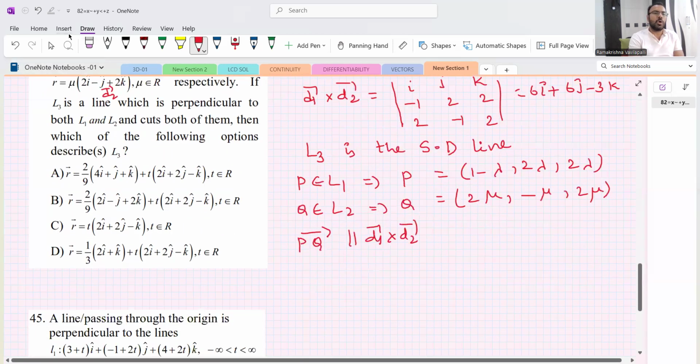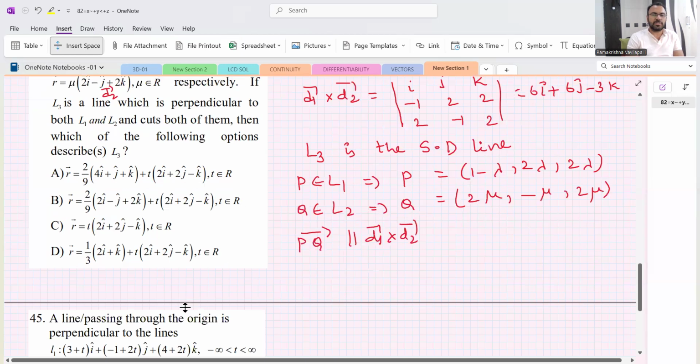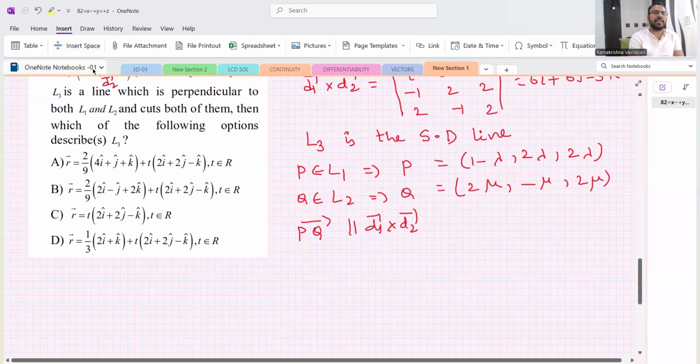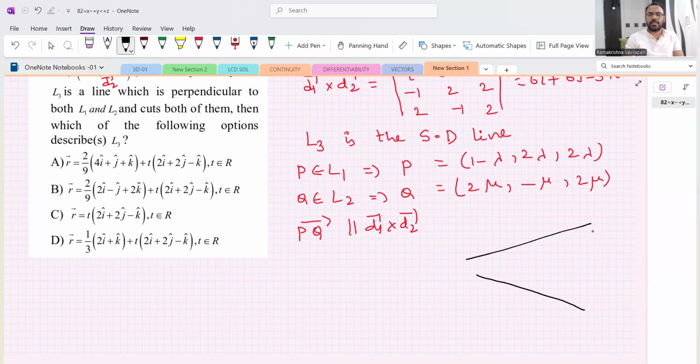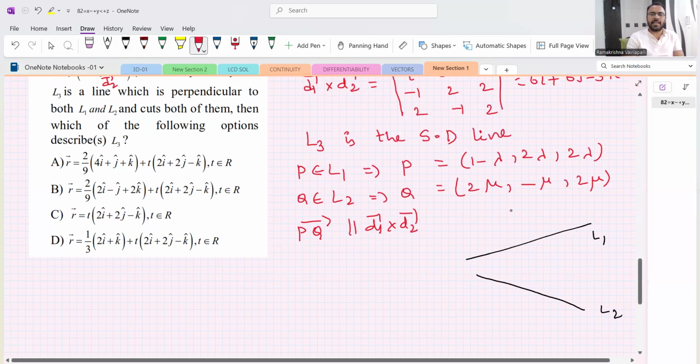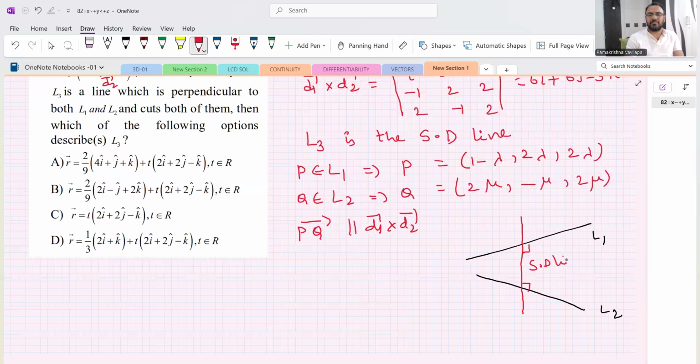Well, okay. So now it is so simple that two vectors are collinear. Collinearity of vectors is so important, right? These are the skew lines L1 and L2, and a line L cuts both of them perpendicularly. This is nothing but the SD line, PQ.